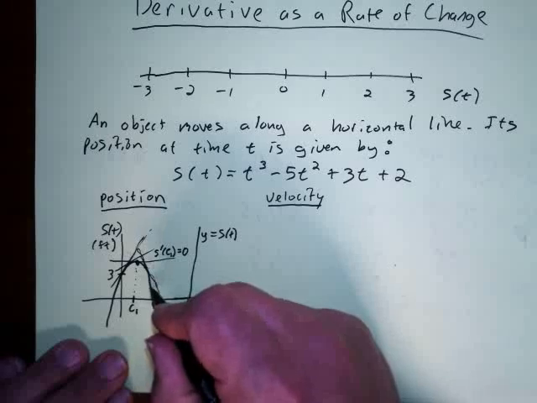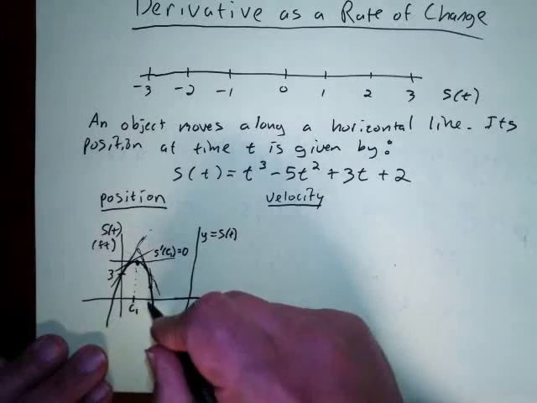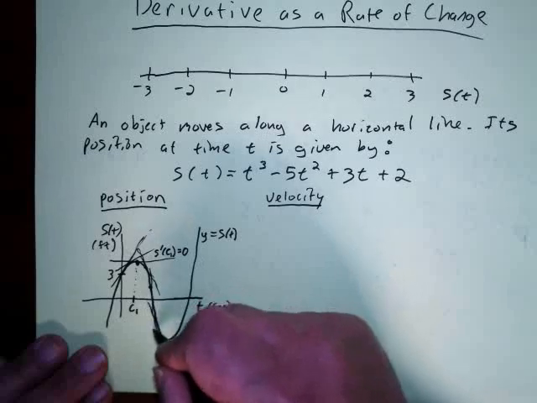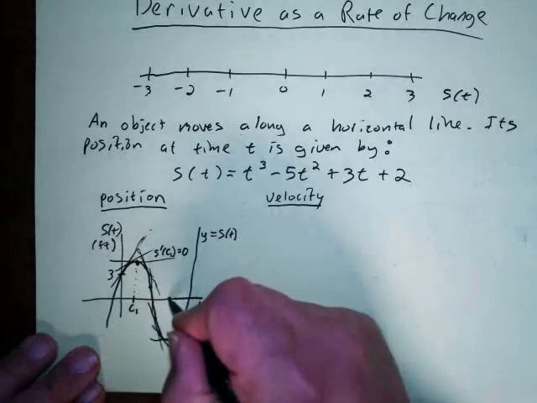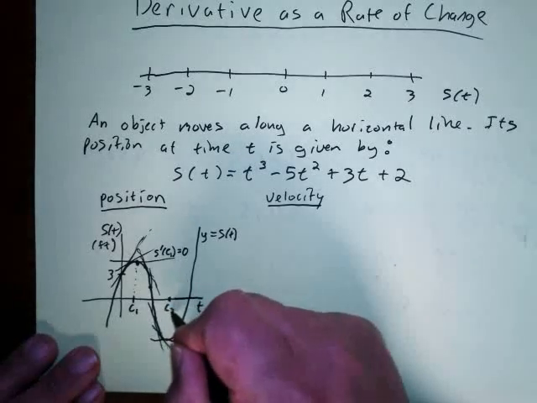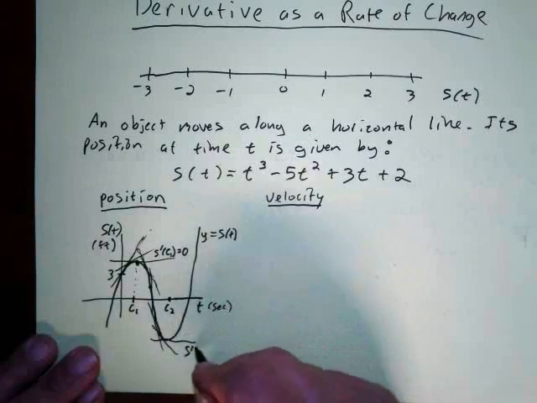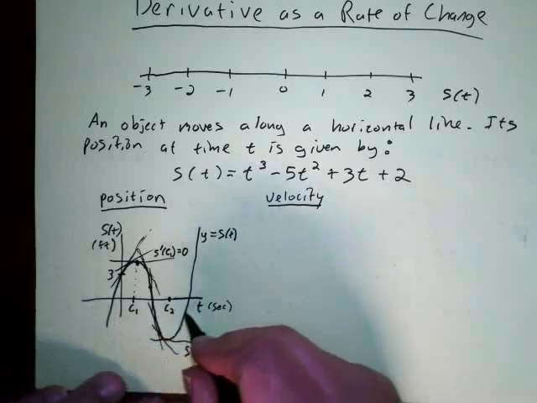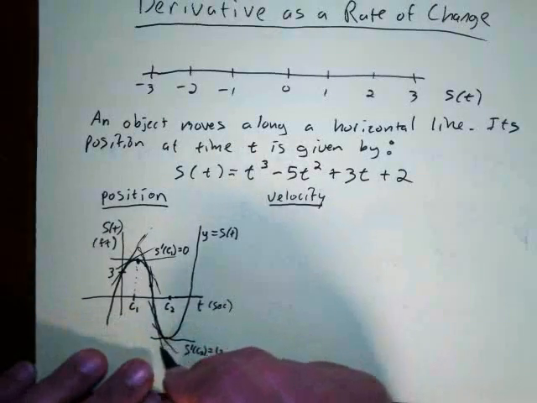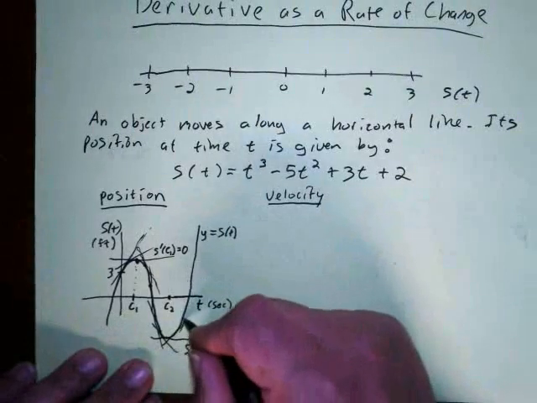And as you go here, it gets steeper and steeper, but at some point it has to start getting less steep, until you get to here, and then it's 0 again. So we'll call this C2, and then the derivative at C2, the velocity, is 0, and then it turns, and then it goes back this way. Now the slopes are positive again.